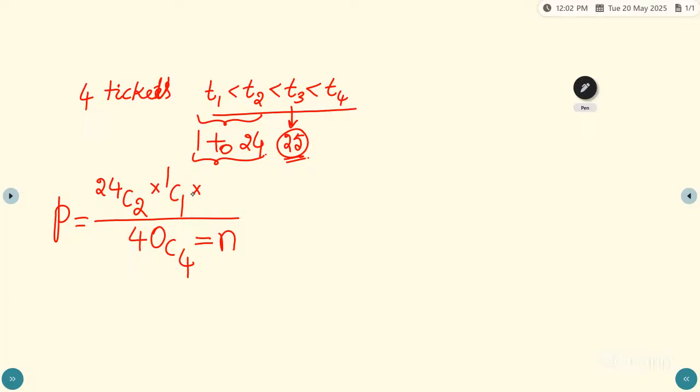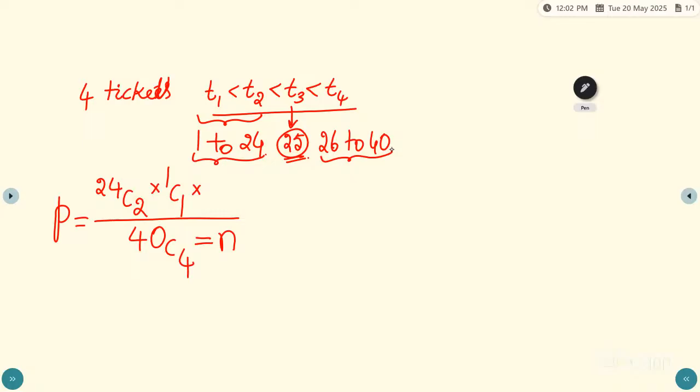And what is the favorable thing for T4? The 26th to 40th ticket. How many? Count them.